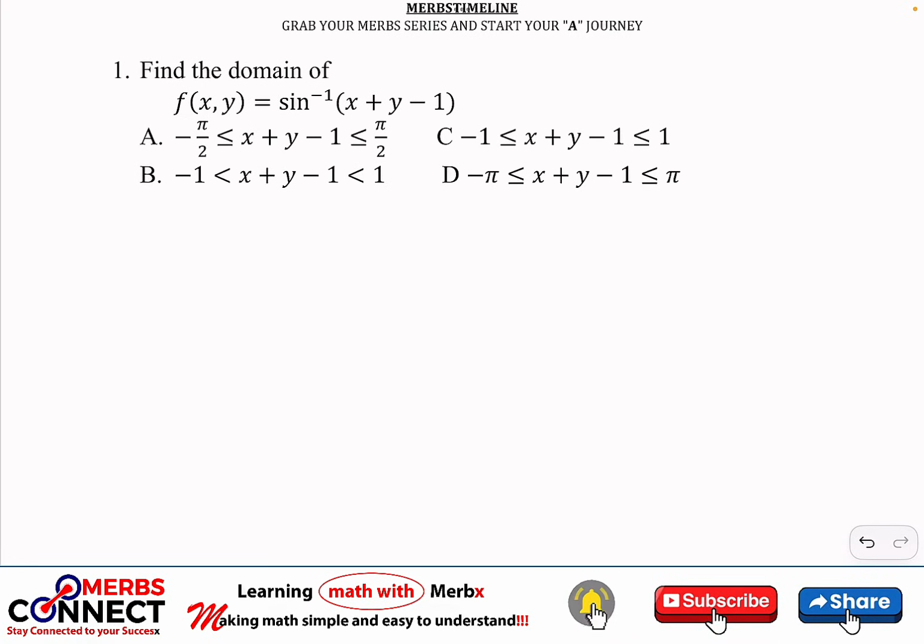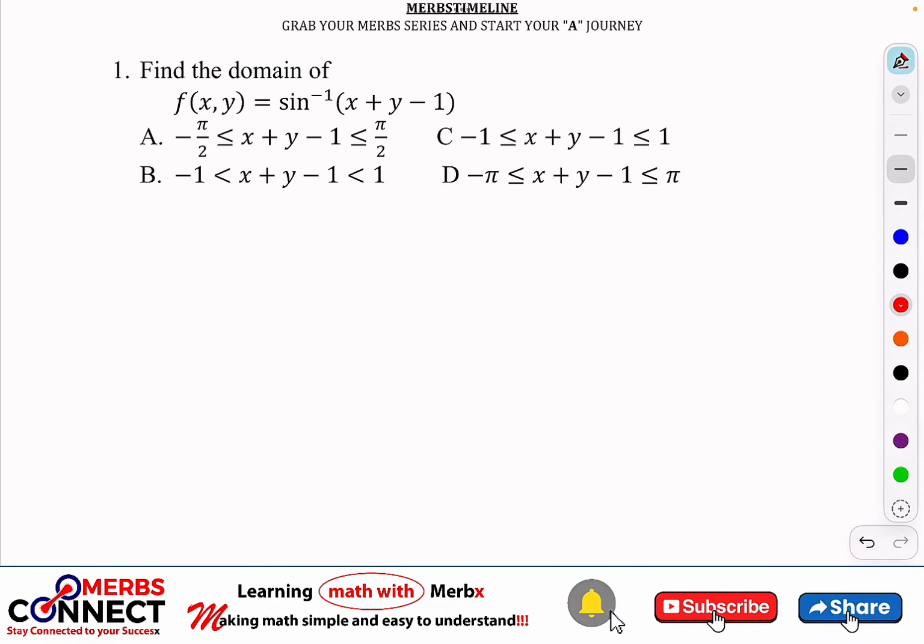So here we want to find the domain of the function, right? So what is domain? We want to exclude the values of x plus y minus 1 such that this function is undefined, right? So we want to just pick this one and see how we can work with this. What I'm going to do here is very simple. I'm going to let f of x, y be equal to z.